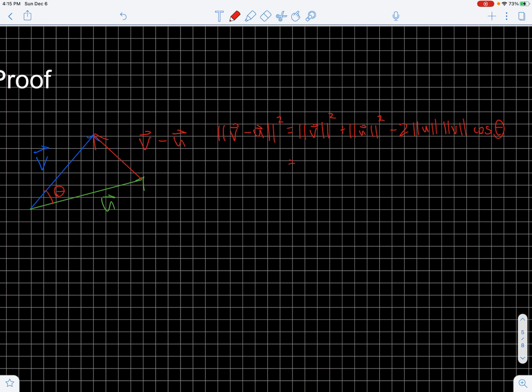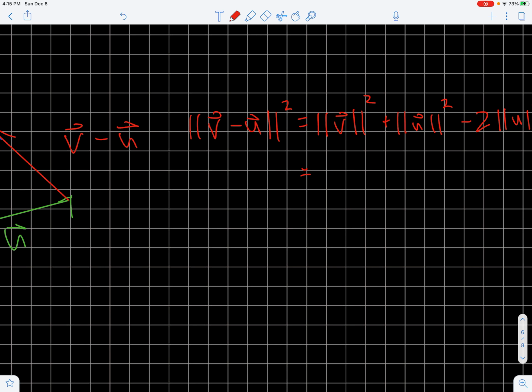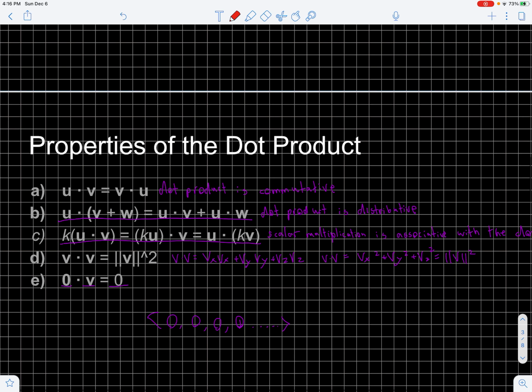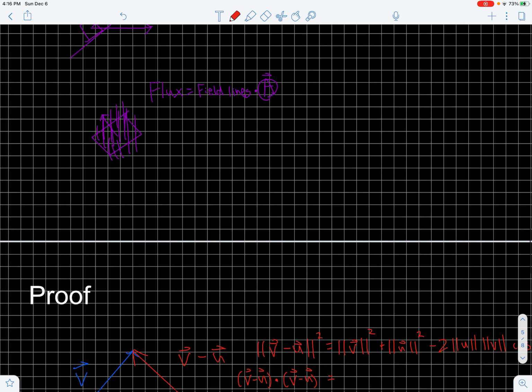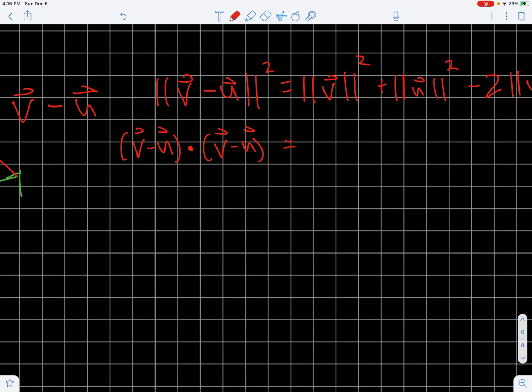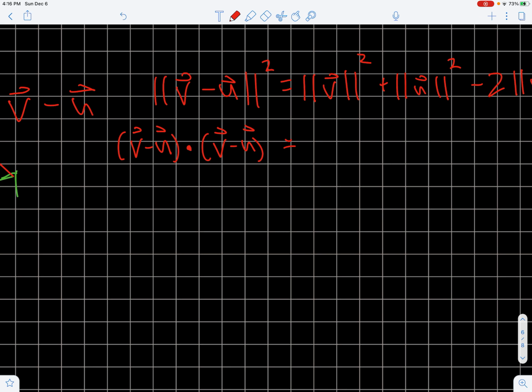All right. Now, we know that the norm of v minus u squared is the same as v minus u dot v minus u, because of that property right there. All right. And we know that the dot product is distributive.